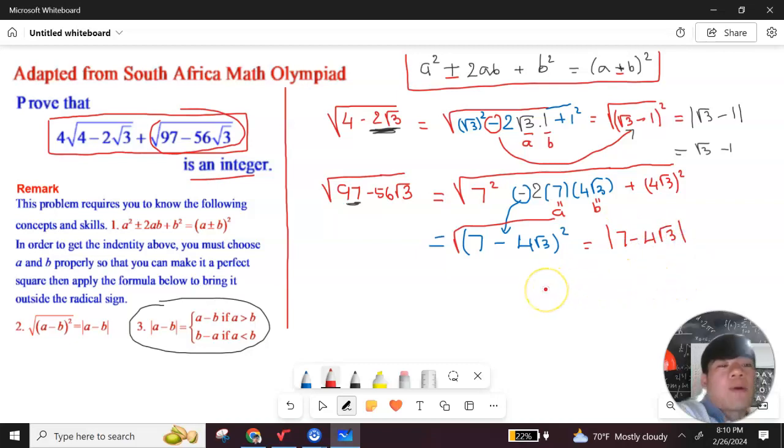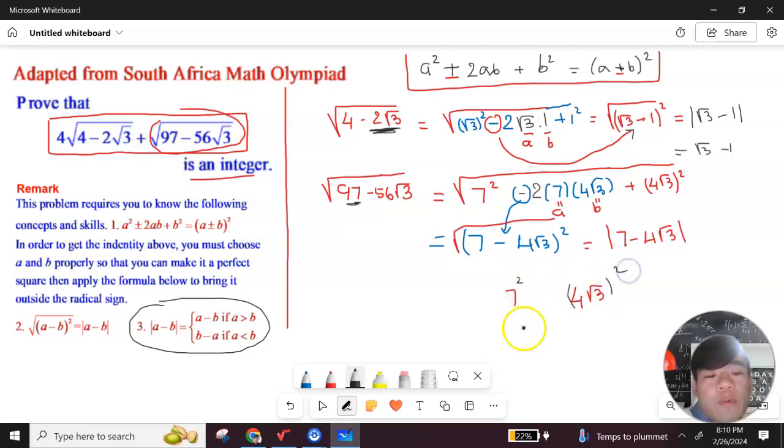Now I need to know if this is positive or negative. I need to compare 7 and 4 root 3. In order to know which one is bigger, I just square each one. If I square 7, I get 49, and if I square 4 root 3, it's 48. So I see that 49 is greater than 48, which means 7 is greater than 4 root 3.